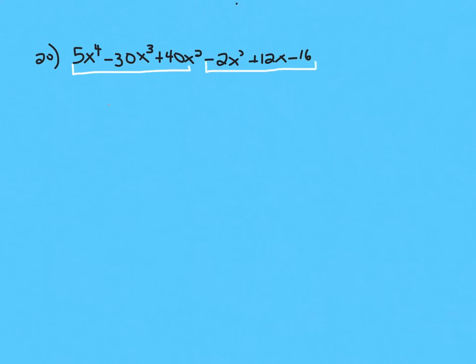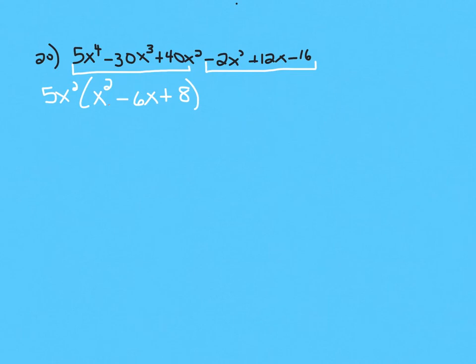All right, out of the first 3 terms, it looks like I could pull out a 5x squared. Okay, 5 is the biggest number that divides evenly into all of these. And you want to look with the x's, which has the smallest exponent. Okay, so then in parentheses, that's going to leave me with x squared minus 6x plus 8.